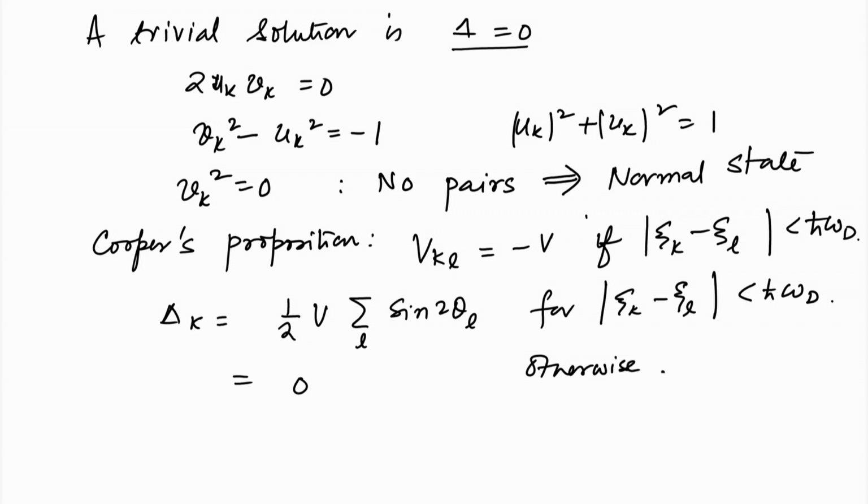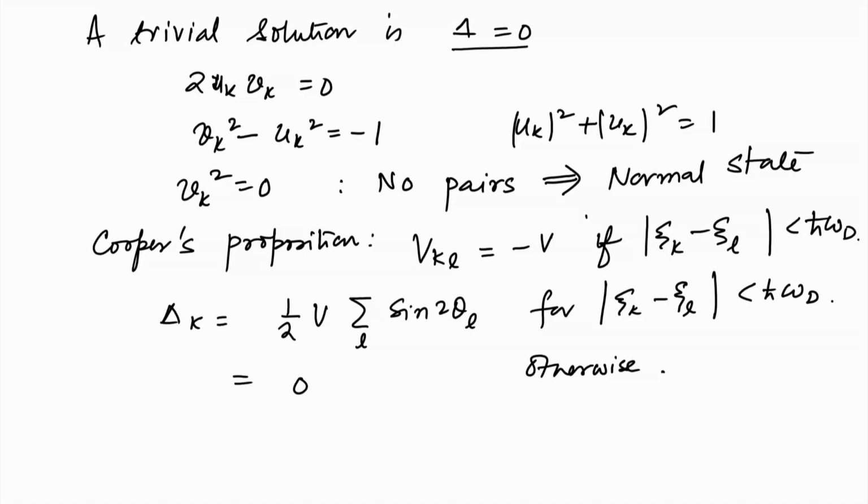So, this tells that delta does not depend upon k; it is just a number. That is even more convenient because delta can now be truly thought of as a number which, when non-zero, will give a superconducting state. However, when it is 0 it will give rise to a normal state.